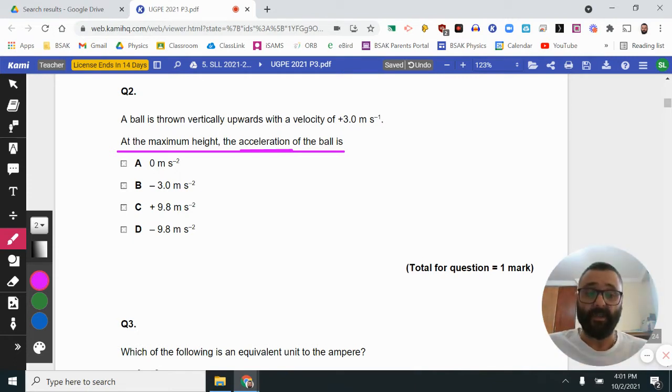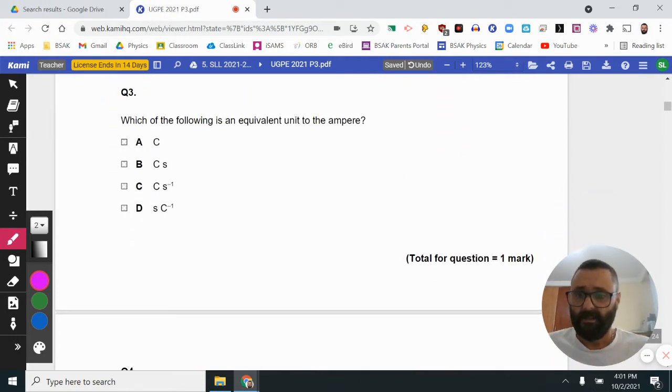Acceleration is 9.81 meters per second squared down. If we have an initial vertical velocity of +3, the acceleration must be downwards. So it's that one there. Acceleration is constant at all times, even at maximum height.